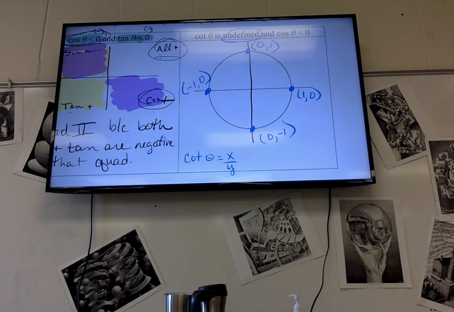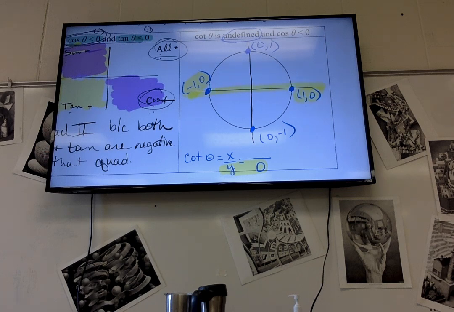And we know in order for it to be undefined, 0 has to be under the line. So that means the y is going to have to be 0. So on which axis is the y 0? The x-axis. Yep. Here and here. So that's along the x-axis.